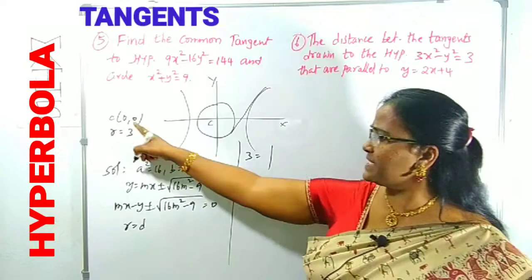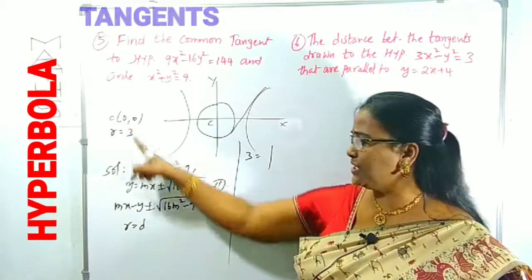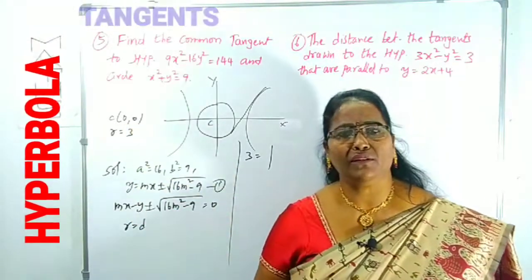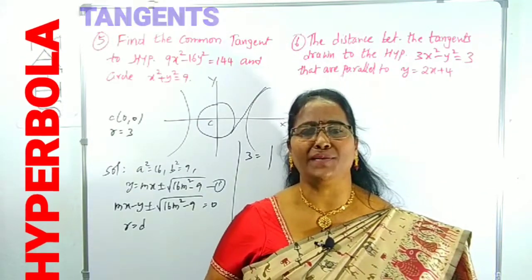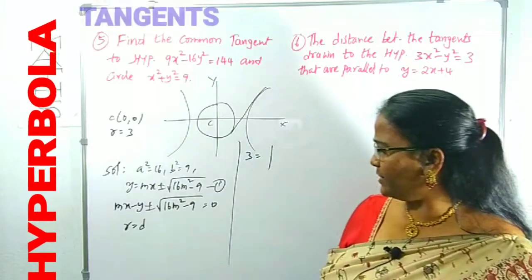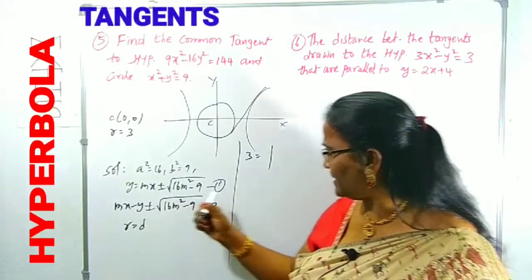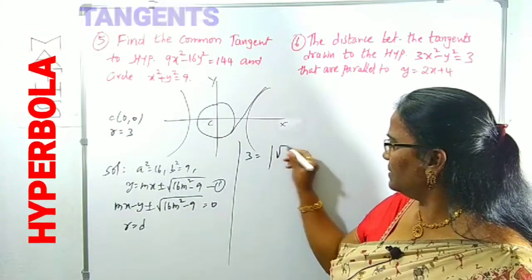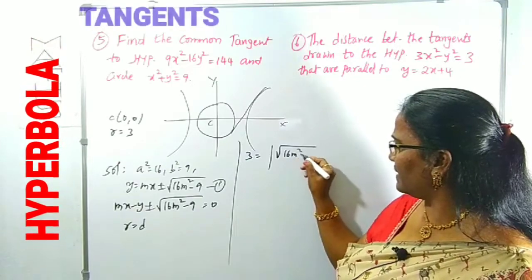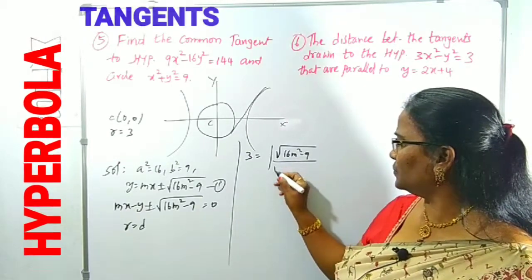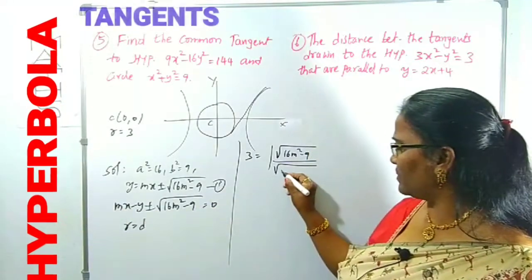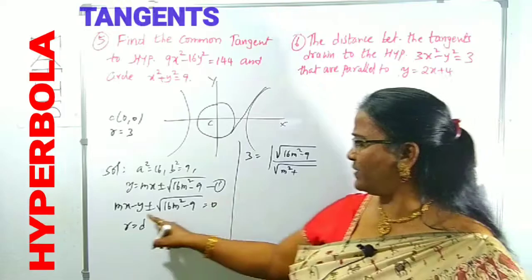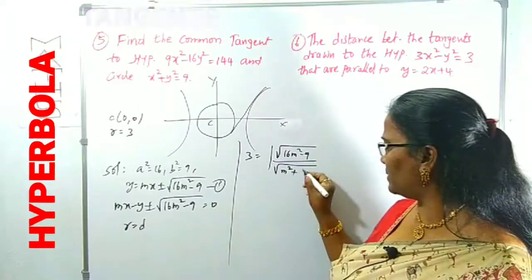d is the distance from the center, what is the center here? 0, 0, to the line. You know very well, what is the perpendicular distance from the origin to the line? It is mod c by root over a square plus b square. So in place of c there is root over 16m square minus 9, by root over a square, where a square is the coefficient of x, that is m square, plus b square, the coefficient of y, which is minus 1 whole square, that is 1.